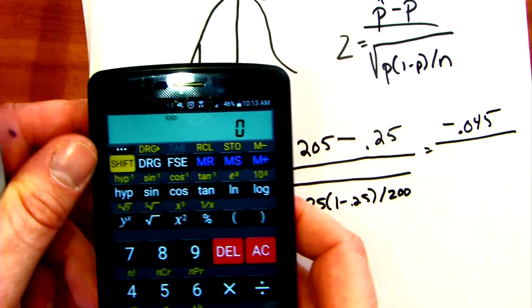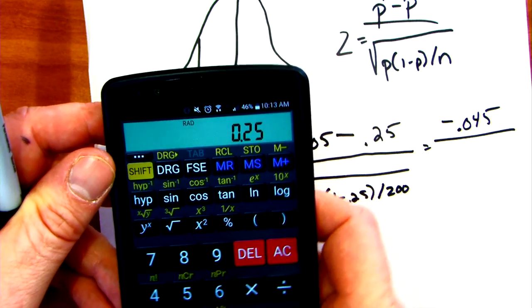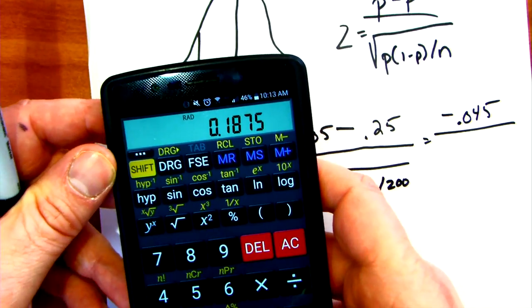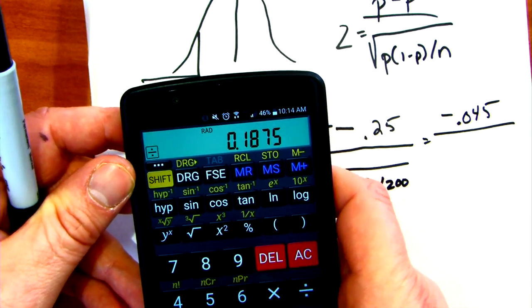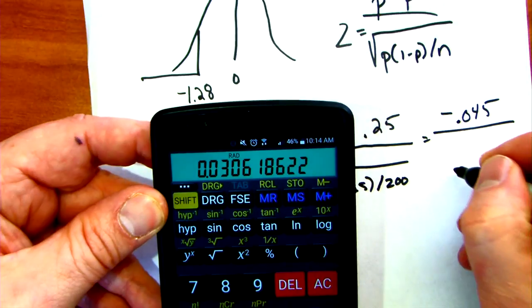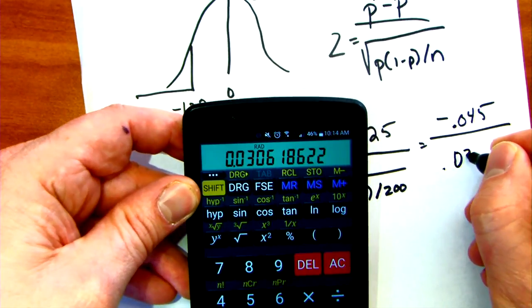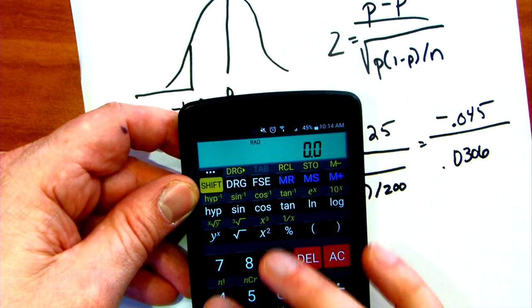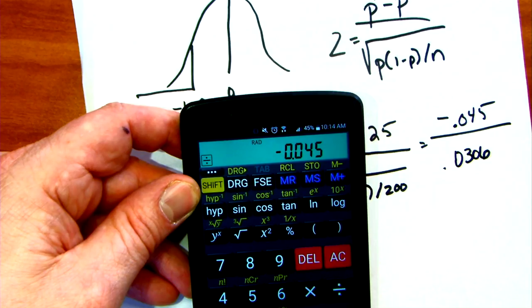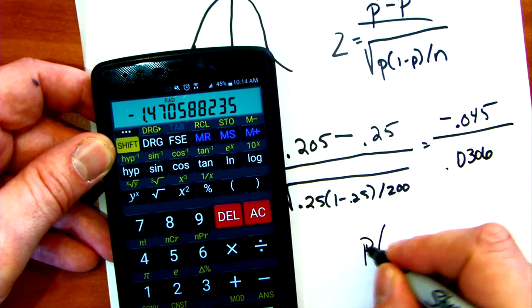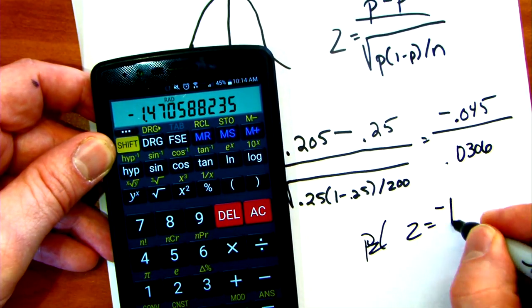Let's see. 0.25 times 0.75, divided by my n, which is 200. And then I want to take the square root of that. And I get 0.0306. So negative 0.045 divided by 0.0306 gives me z is equal to negative 1.47.